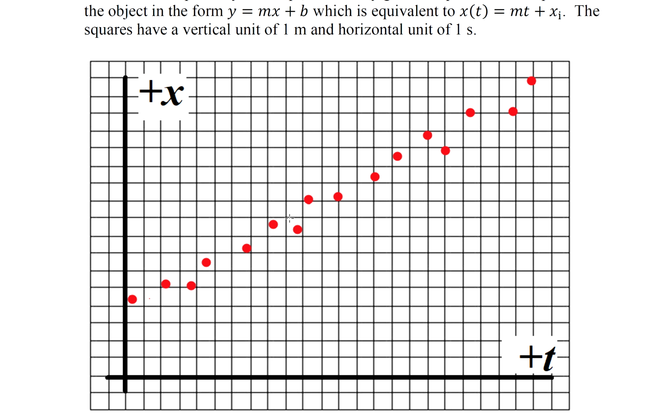Imagine you get a graph that looks like this. You have an object moving to the right, and you're measuring the distance the object is from the origin, x equals 0. So you have all these measurements.